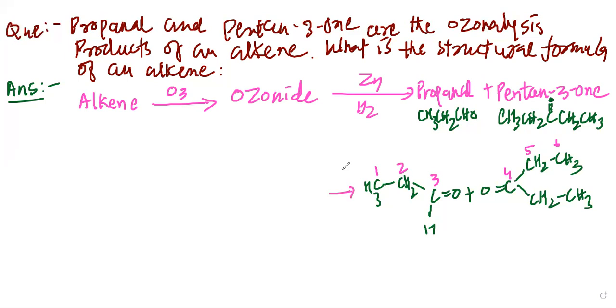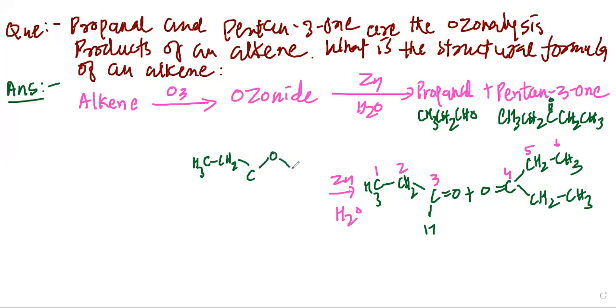From this we can easily write the structure of the ozonide. So let us write the structure of the ozonide, my dear students. This ozonide would be in this form. We have CH3, then CH2 bonded to a carbon.